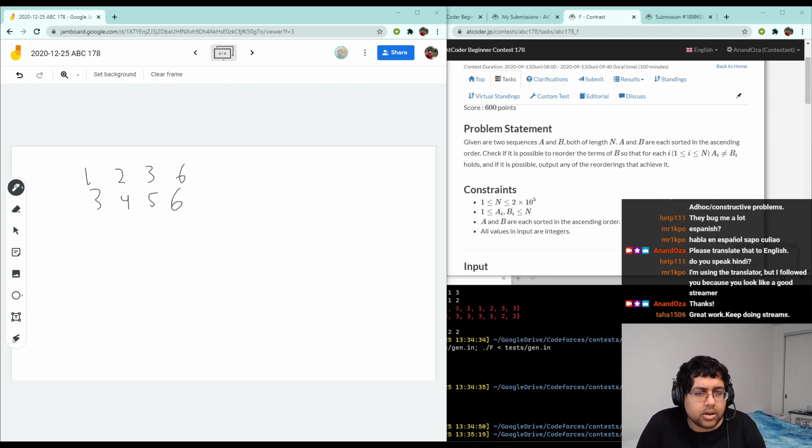Well, if you have non-common elements, you can just use them wherever. So that's fine. I feel like taking the latest common elements should be a good heuristic.